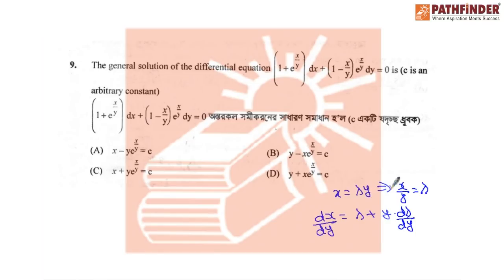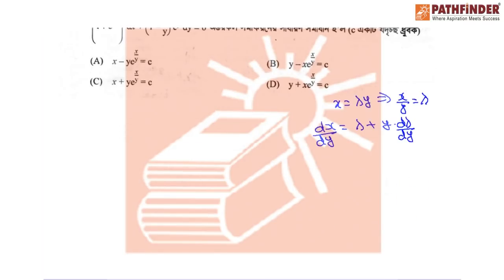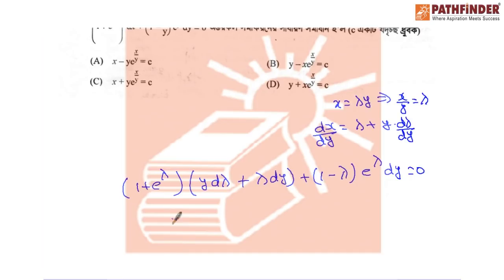After making this substitution, we will get 1 plus e to the power lambda times y d lambda plus lambda dy plus 1 minus lambda e to the power lambda dy equal to 0.